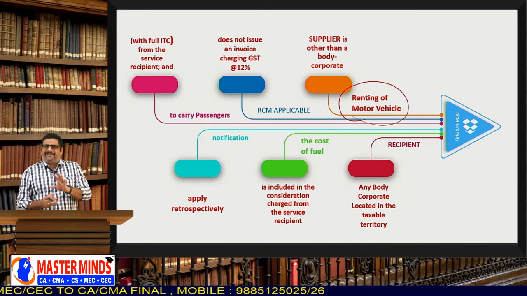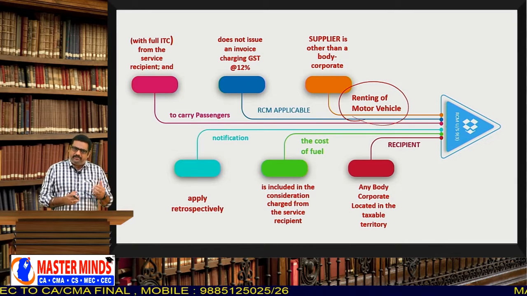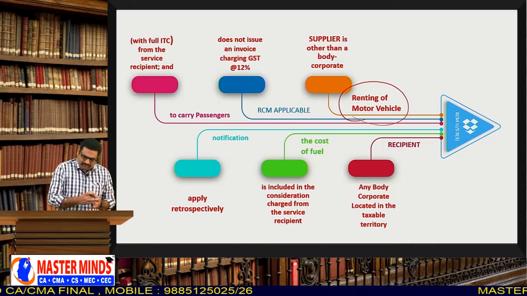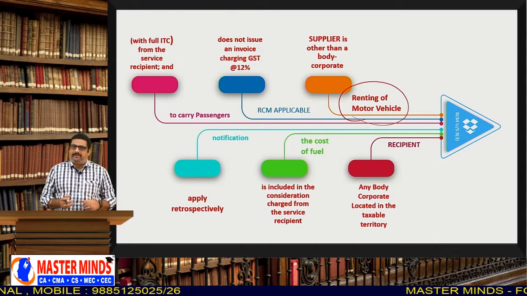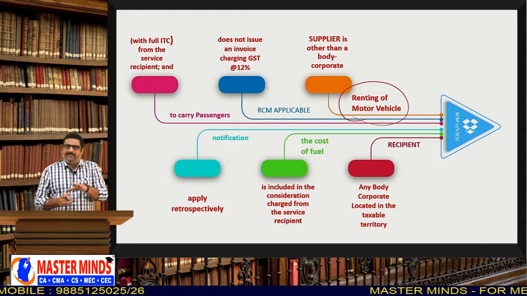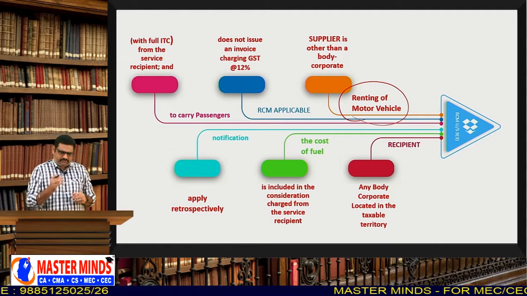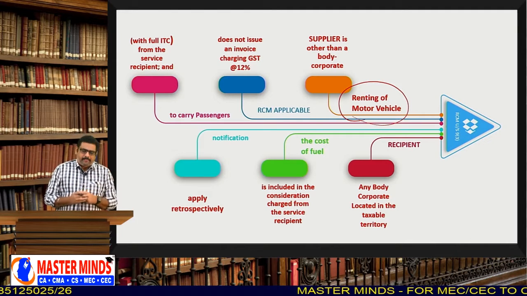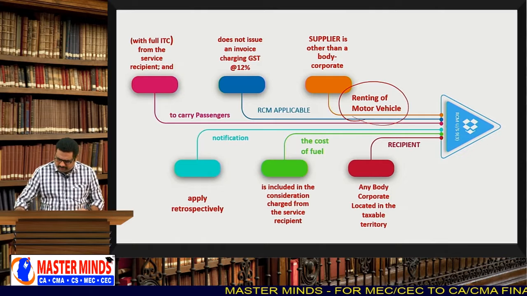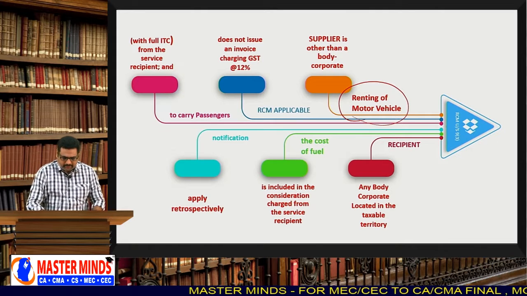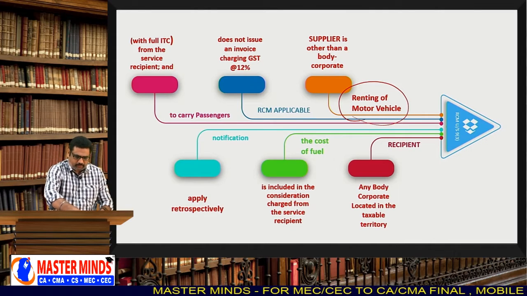Generally the tax rates are not in our CA Intermediate syllabus, but as far as it is relevant for this amendment and this topic, I am just telling you. The tax rates applicable to renting of motor vehicle are of two types.